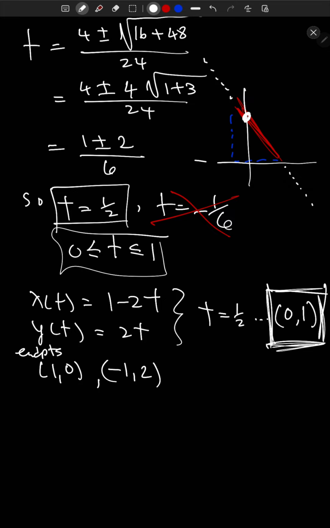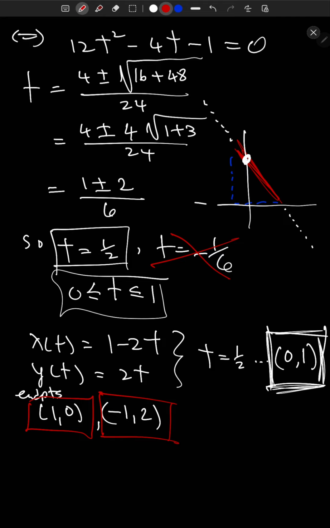And remember, you have to remember these two, because single variable calculus, what we did up here with this calculation, is only going to capture what's going on in the interior of this line segment and not what's going on at the endpoints. So we have to include those two as our candidates.